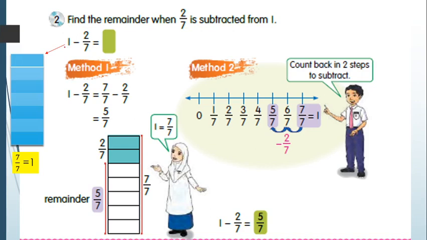So 1 here, we can also write as 7 over 7. That's why here you can see 7 over 7 equals 1. So the denominator is the same. 7 minus 2 equals 5. 5 over 7. Or method 2, you can use a line.